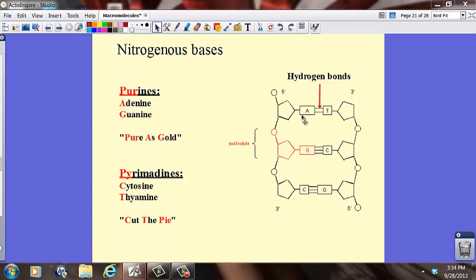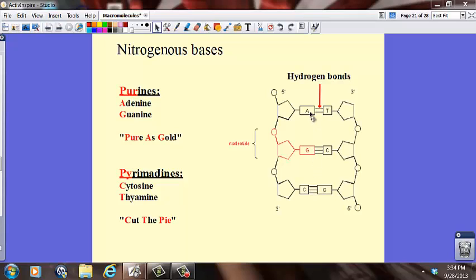So adenine always binds with thymine, and a good way to remember that is all of the straight letters always bind with the other straight letters. A and T are straight letters because they're composed of only straight lines. And the curved letters only bind with the other curved letters. So G and C are both curved letters, and they always bind to each other.